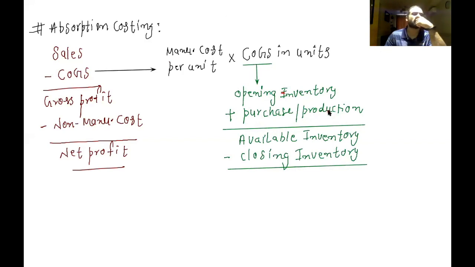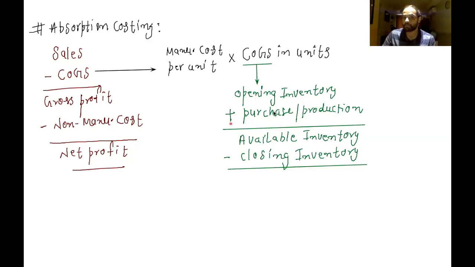So generally we use the word production because cost of goods sold means we sell only finished goods. We don't sell raw material. Raw material is not our product. Our product is the finished goods, right? So we have to calculate the cost of the finished goods that we are selling. That's the meaning of cost of goods sold. Which goods we sell? Finished goods we sell. Finished goods means production.